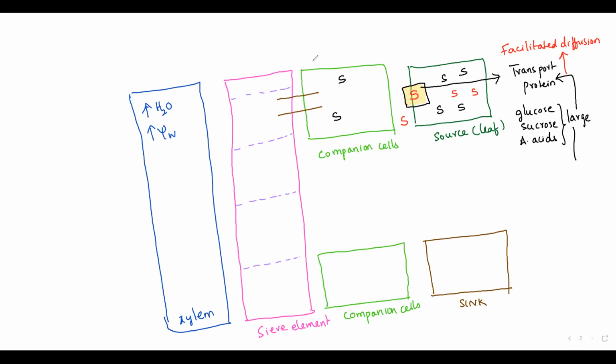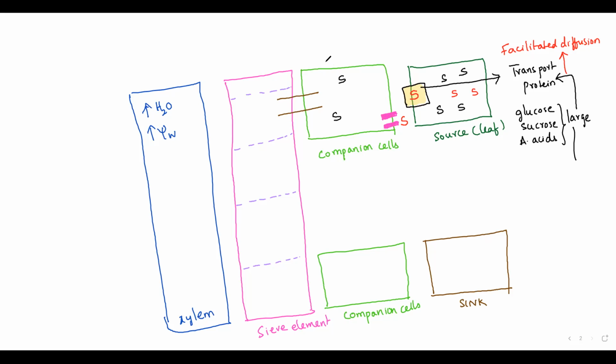Now what I'll take up is co-transport. Companion cells are going to have co-transporters. Co-transporters are those which are going to transport two things at once inside towards one direction.